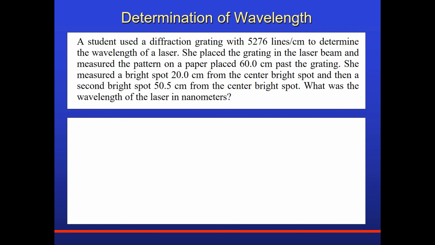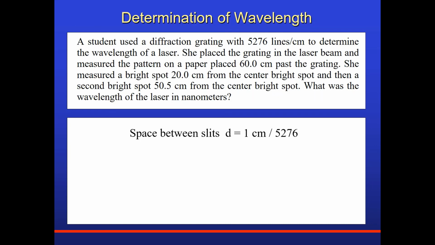The first thing we want to do is understand how to characterize the grating. Now, some gratings are listed as lines per centimeter in the thousands, others lines per millimeter in the hundreds. Remember, those lines tell you how many slits are on that grating. Now, if this grating had 5,276 lines or slits per centimeter, if we want to know the spacing d between the slits, we want to invert this number.